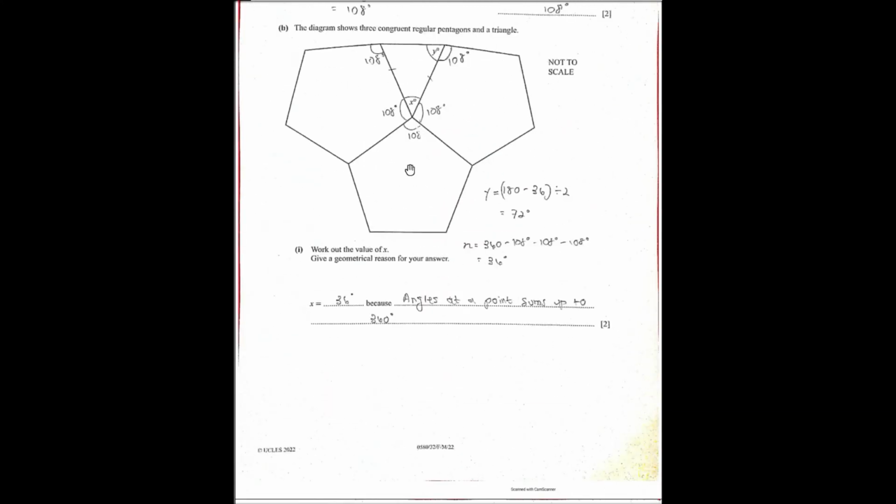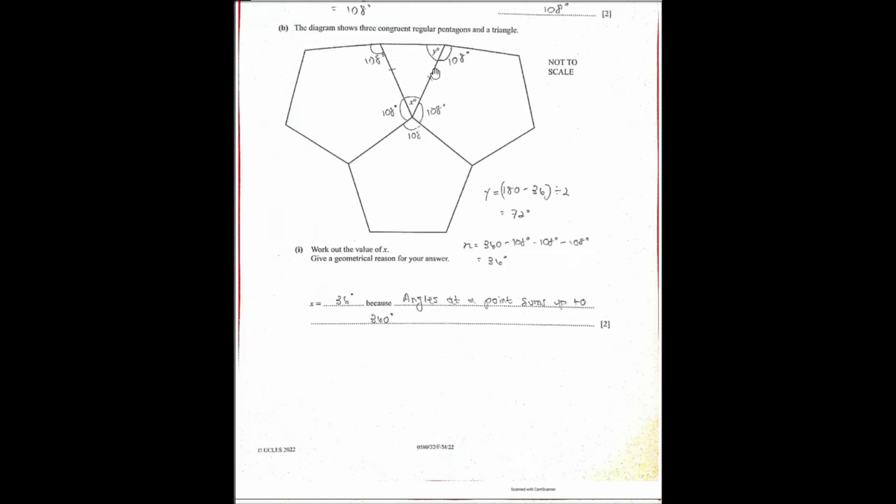Bii, work out the value of y, give a geometrical reason for your answer. So if we see, our y is right here and it is in a triangle, and I noticed that this triangle is an isosceles triangle because two sides are the same.